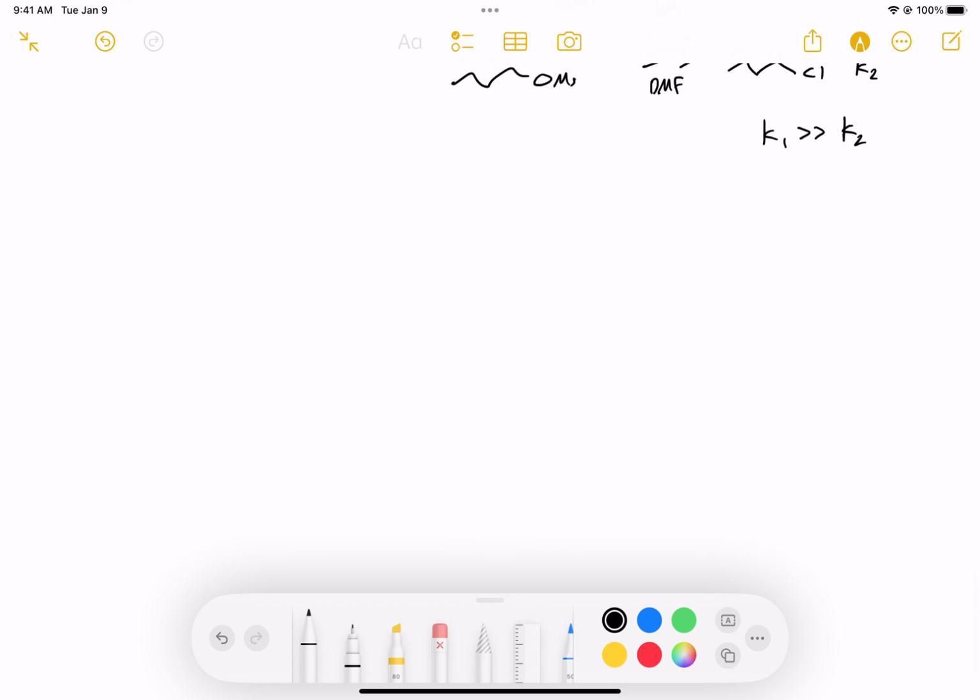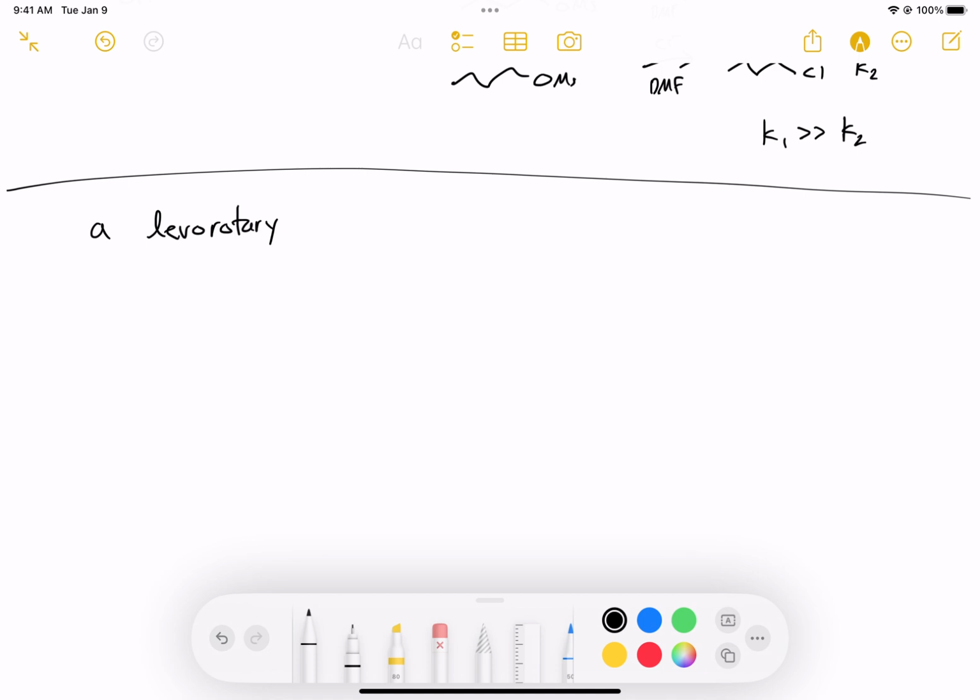All right, some more vocab. A levorotatory mixture rotates plane polarized light.